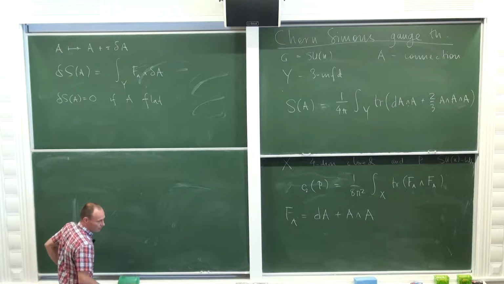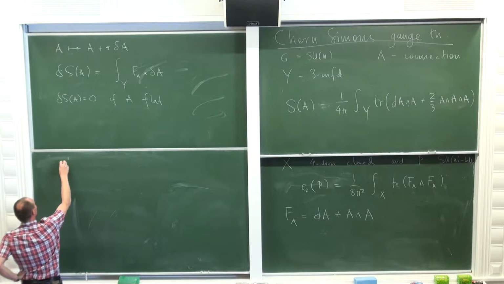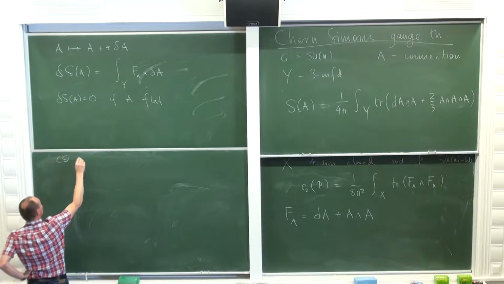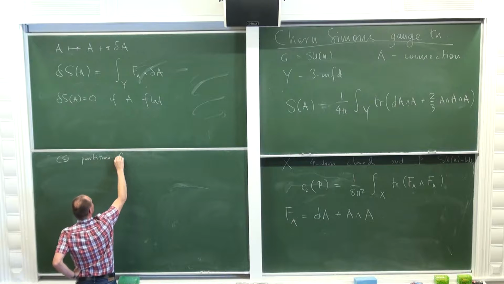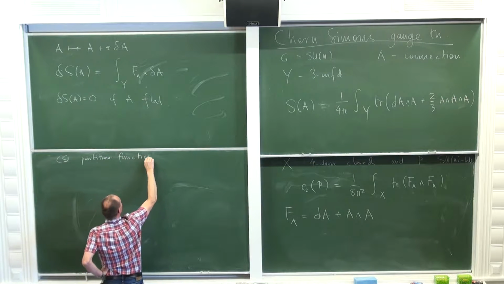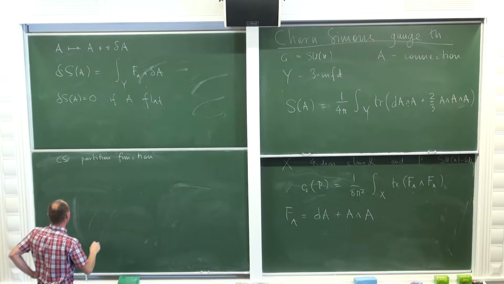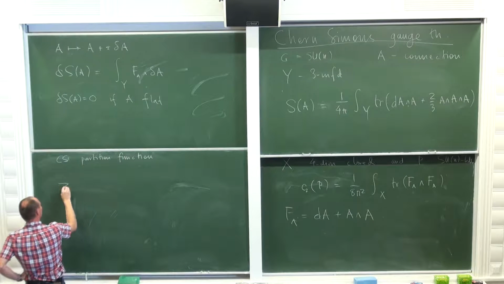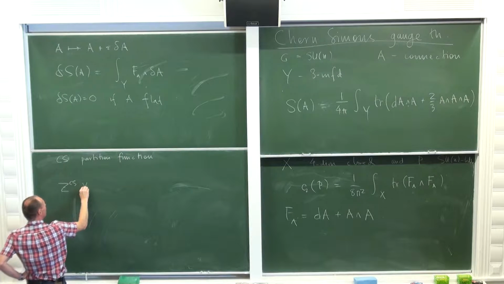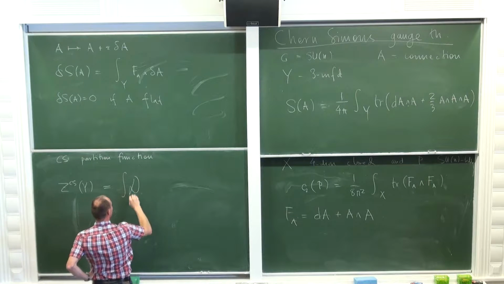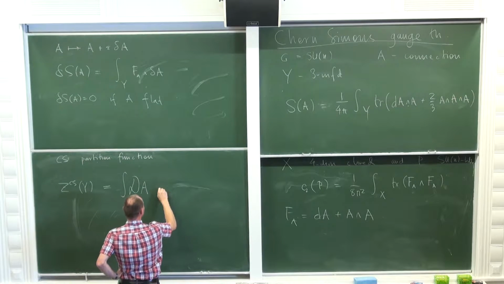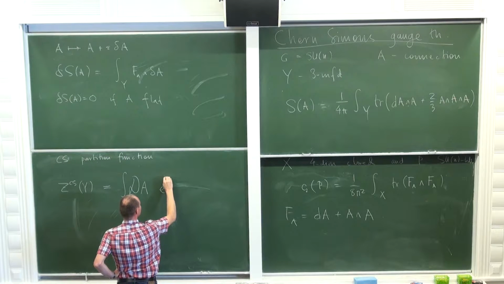Anyway, so the Chern-Simons theory is about the Chern-Simons partition function. This partition function is given by a path integral, which looks like this.